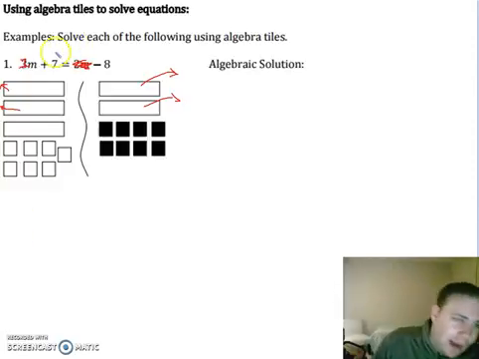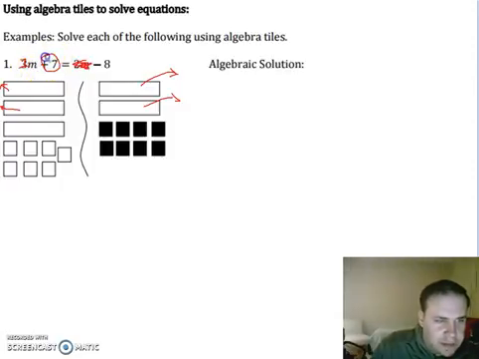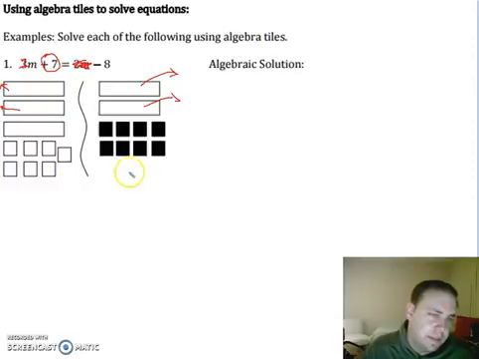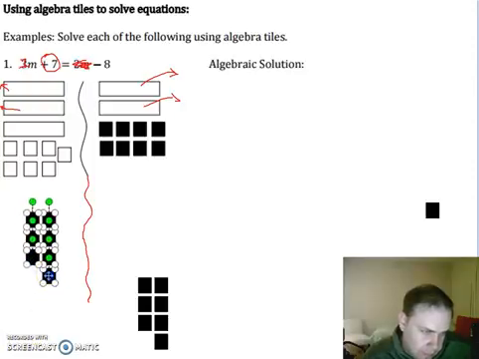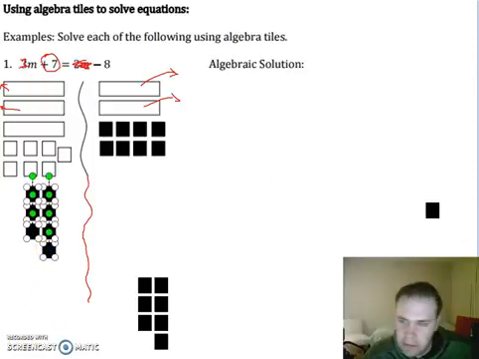Now, I want to be able to solve for m. So what I would have to do is I would have to subtract 7. Well, how could I do that? What I could do is I could actually add negative 7 to the left side.